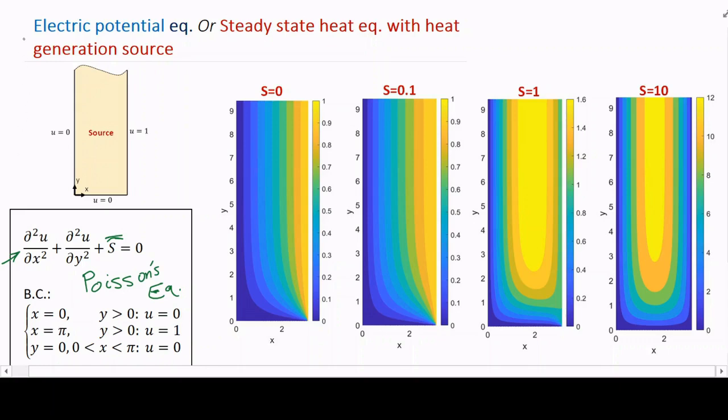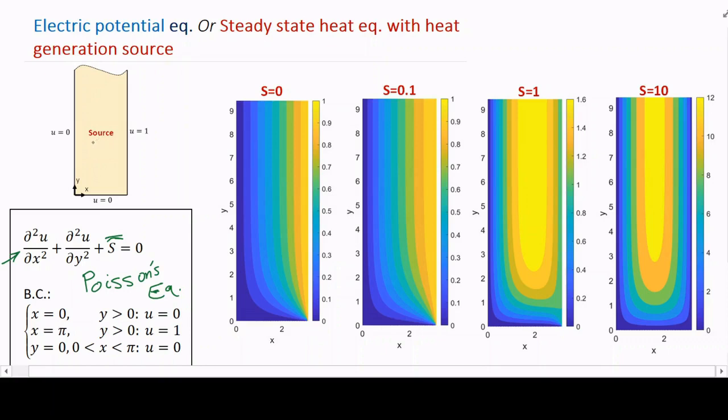One of them is the electric potential distribution within a material, and the other one is the steady-state temperature distribution within a material. In the context of the heat equation, we can have a generation of heat, or we can have a dissipation of heat within the material.